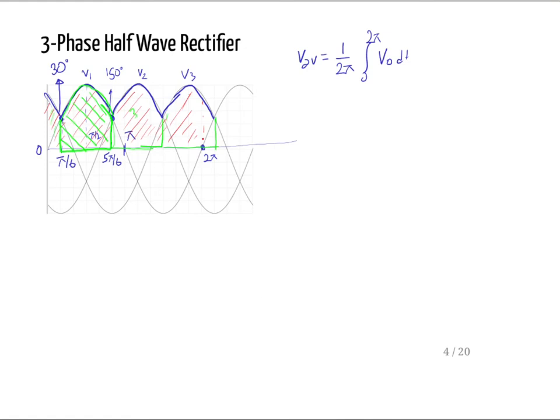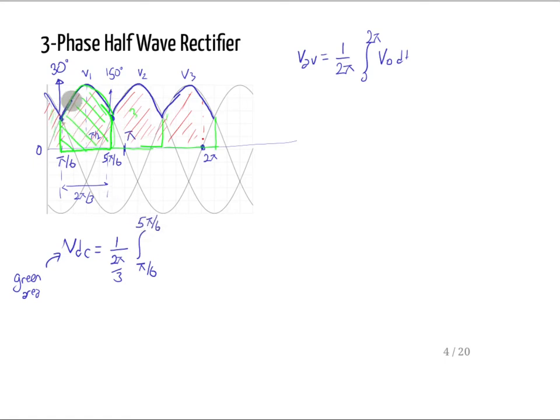So in that case you will have VDC. I'm calculating the green area first. It is 1 over 2π over 3, because that part is 2π over 3, from, I'm sorry, not 0, from π over 6 to 5π over 6.